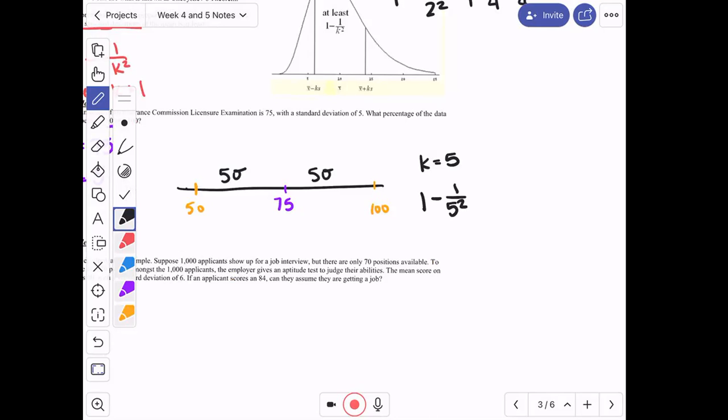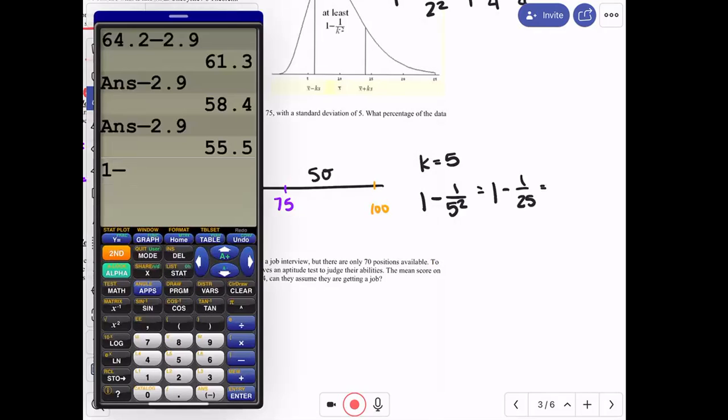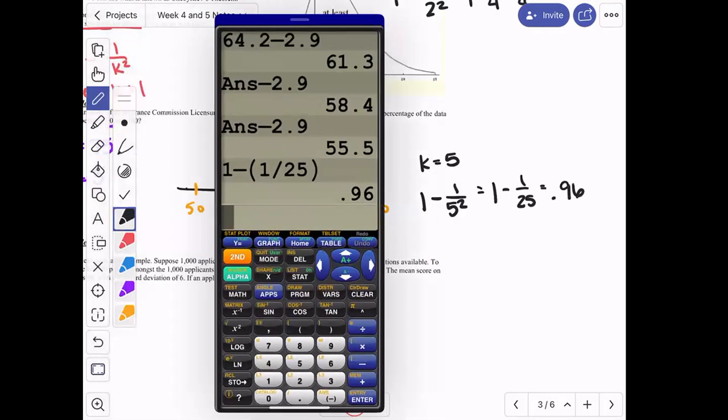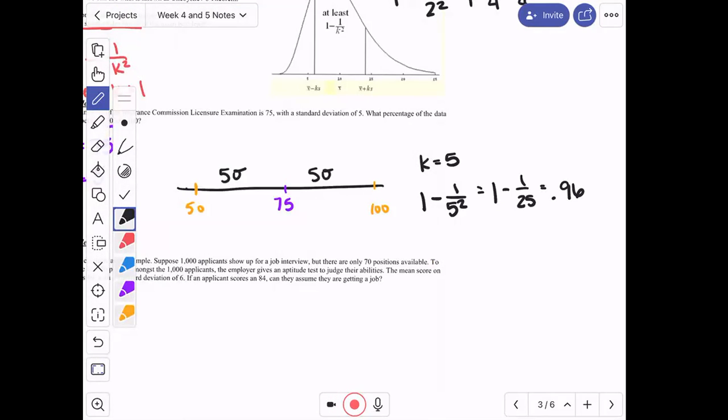This is equal to 1 minus 1 over 25, which is 1 minus... 96% of the values.